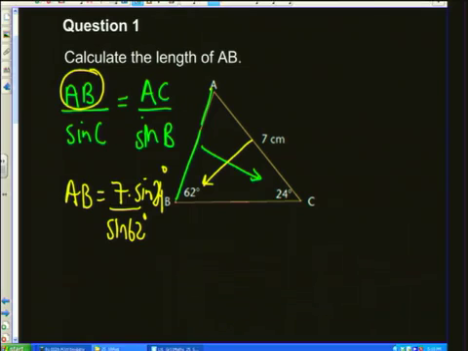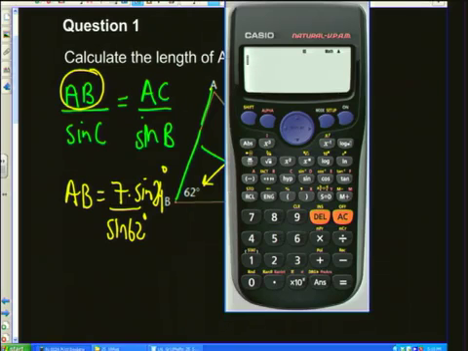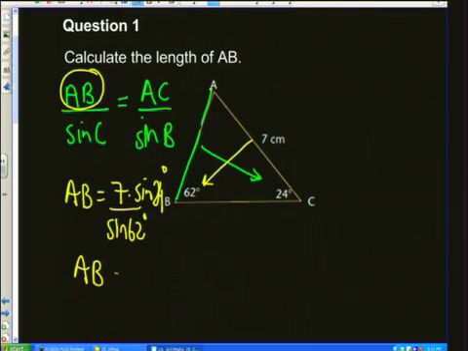We've got 7 times sine 24, and we are dividing it by sine of 62. And we get 3,22. So AB is equal to 3,22. Okay. So that was the length of AB using the sine rule.